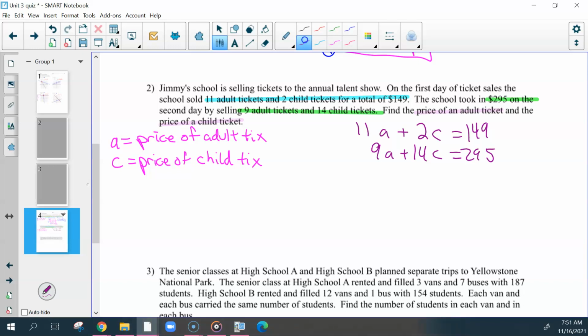Some of you multiplied by 2 and 14. There were different things. All of those methods were fine as long as you did those correctly. I think the easiest of all of those was to multiply this first one by 7. Because I don't remember what it is. So 77A plus 14C is some number.